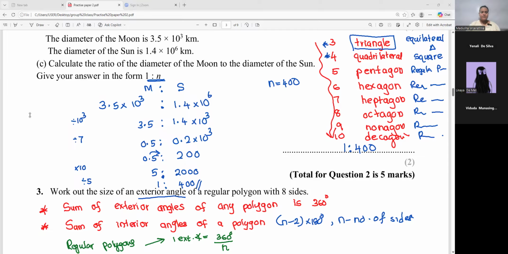Here the number of sides is 8. 360 divided by 8 is 45 degrees, the exterior angle.